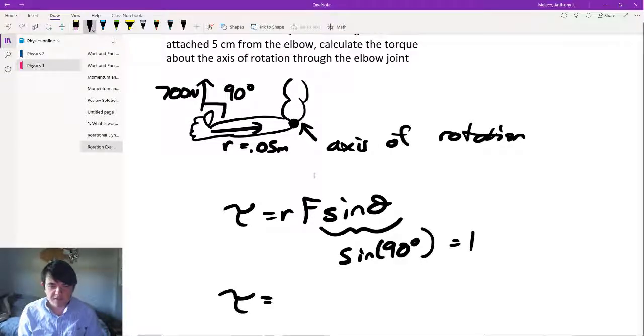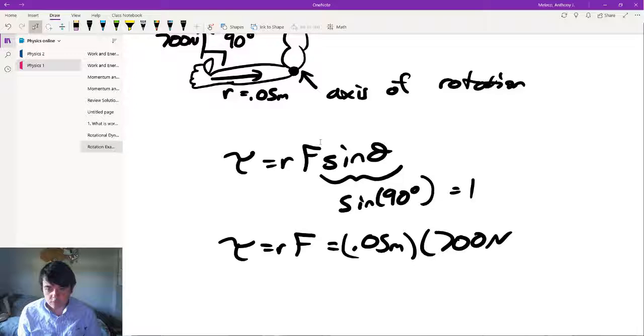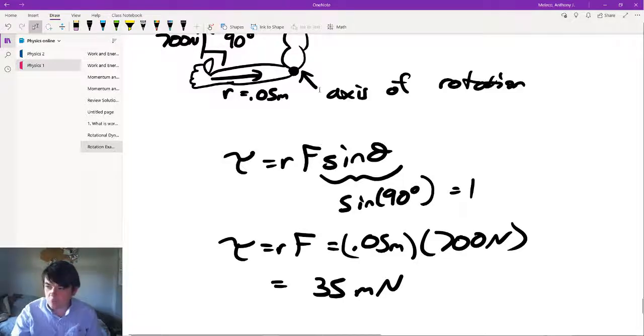So the torque in this instance is just R times F. So we do 0.05 meters times 700 newtons. And this gives us 35 meter newtons, which is the convention for our torque.